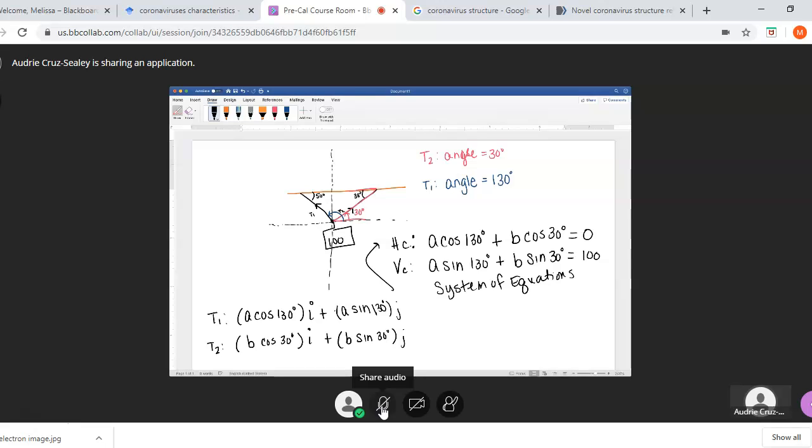In your college algebra class, how did you solve systems? Anybody remember? Substitution method, elimination method, matrices. Do any of these words sound familiar?